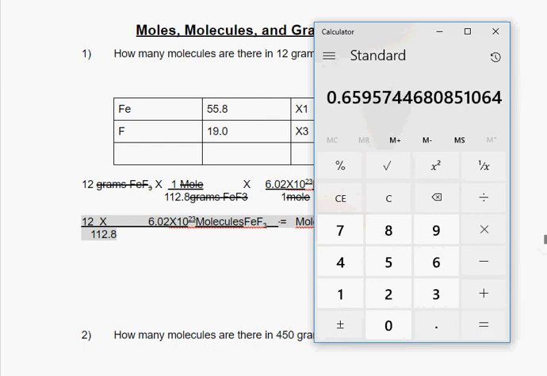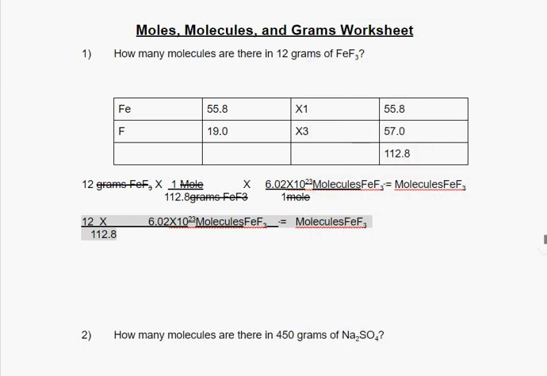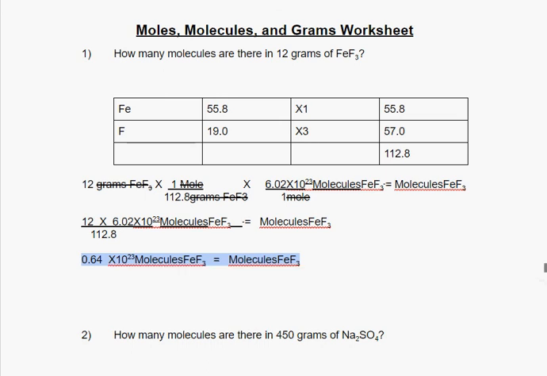My number is going to be like 0.66. Let's see what I actually did. All right, so, yep. Okay, so what we got is 0.64. That actually should be 0.66 times 10 to the 23rd molecules of iron fluoride.